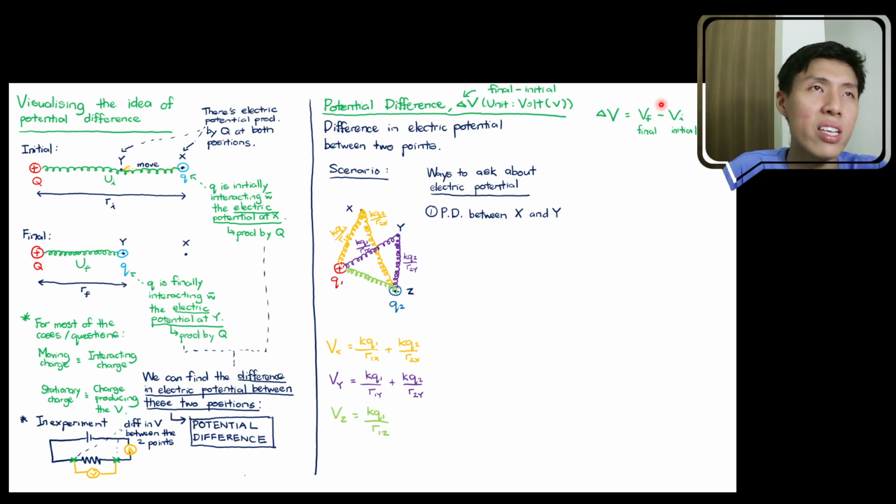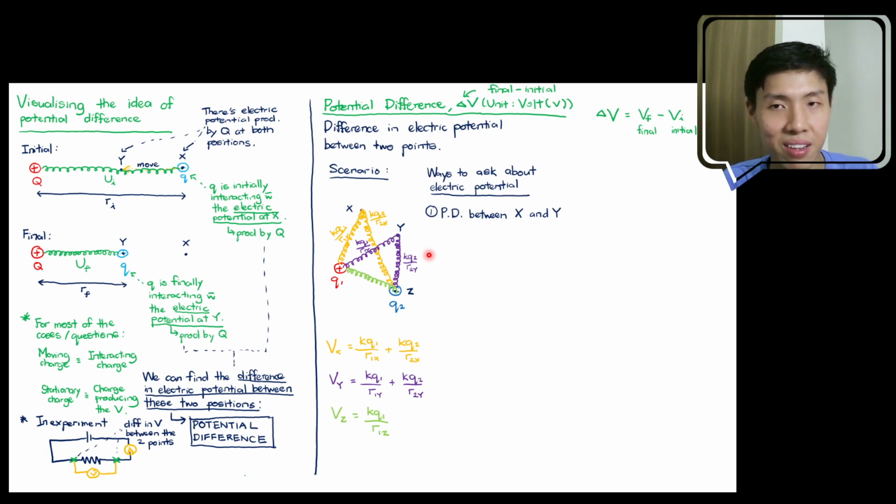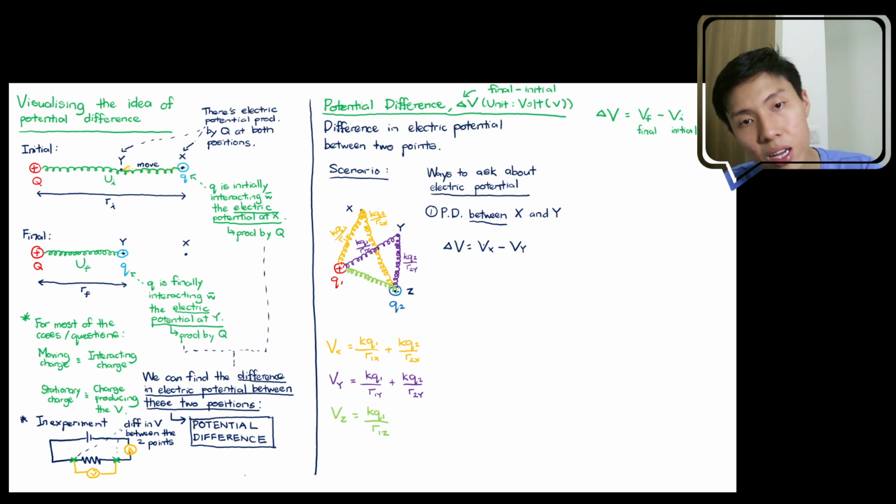Okay, and it's because it's confusing and there's no sense of direction to the word between that, in my opinion, based on my understanding and what I refer to in many international books as well, if you see the word between, if you choose to write it as Vx minus Vy, if you choose to write it as Vy minus Vx, in my opinion, my name is Gan, both should be equally acceptable.